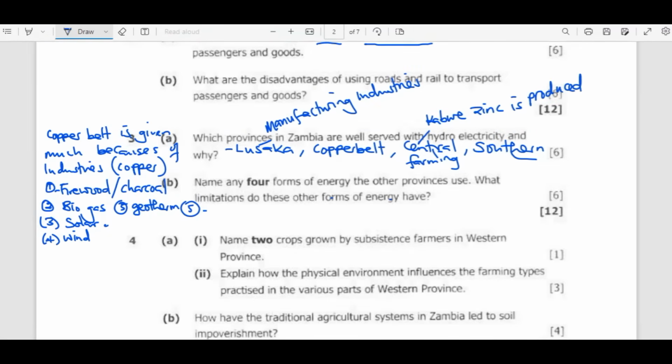So we are saying that Zambia experiences summer rainfall. So in winter, there would be no water.